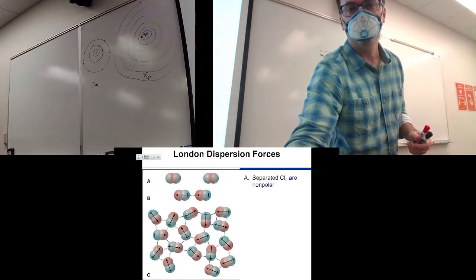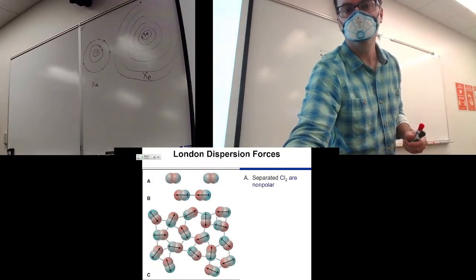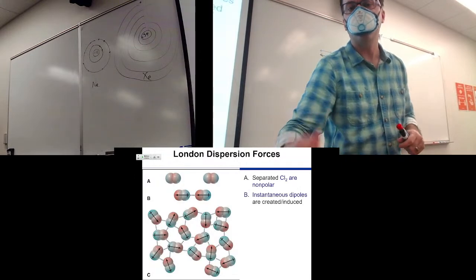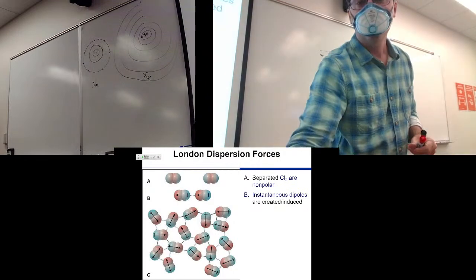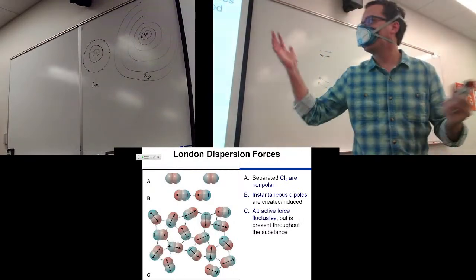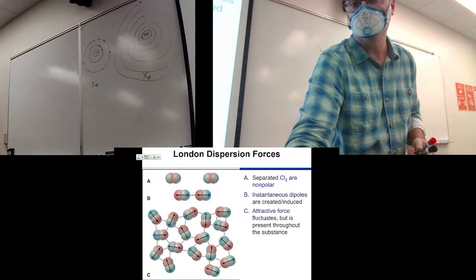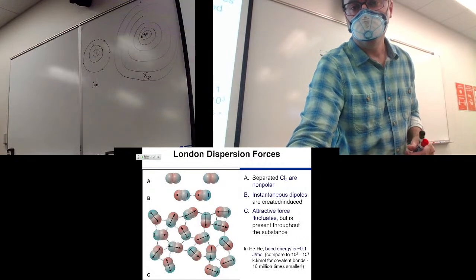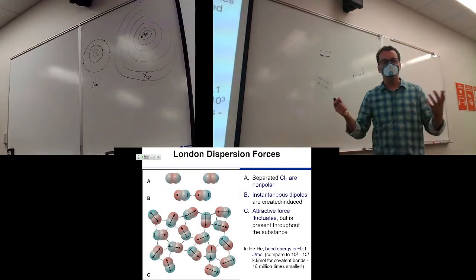All right, so here are two chlorine atoms. We looked at this already. They get closer together. They can induce a dipole moment in each other, which will create a temporary attraction. And this just fluctuates throughout a liquid. For helium, that's the worst, right?